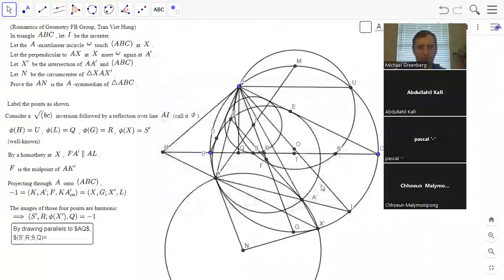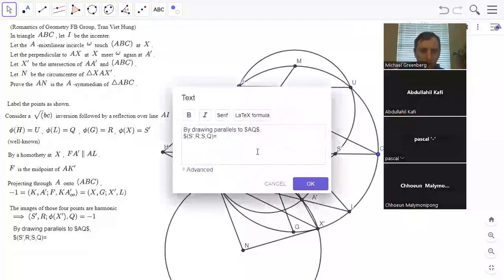Equals, that would be IA, and intersecting with line AI.